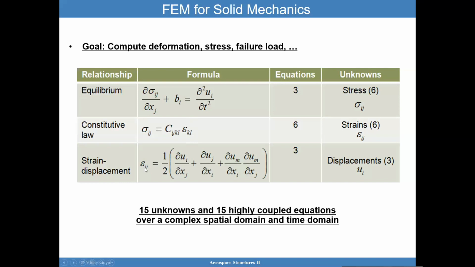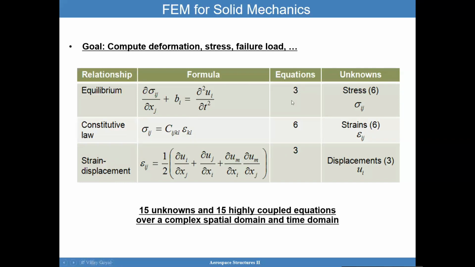The strains are related to the deflections. So I have 3 equations described here. I actually have 6 equations described here, so that's in error. And I have 3 deflections that are unknown, u1, u2, and u3. And these are the deflections in each of the x, y, z axis directions.